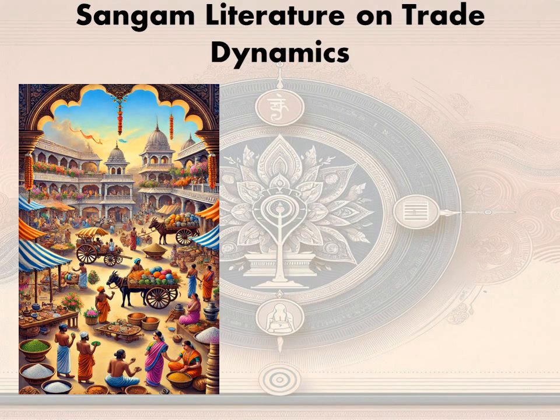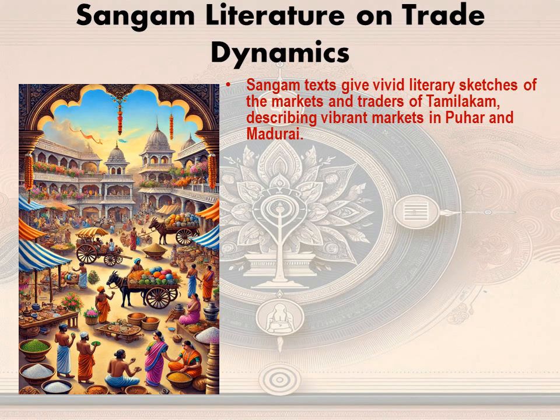What was the information we got from Sangam literature regarding the dynamics of trade? Sangam texts give vivid literary sketches of markets and traders of Tamilakam, describing vibrant markets in Puhar and Madurai.